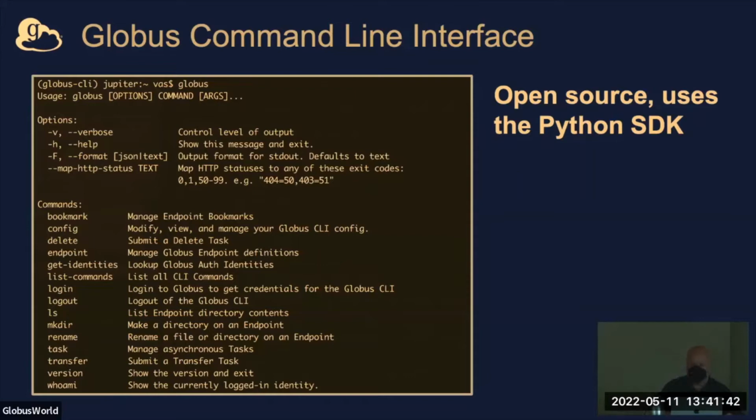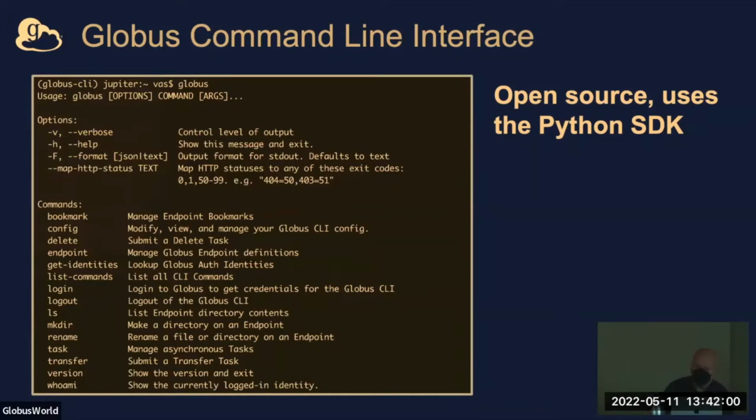So the CLI is just a set of Python tools, basically, nicely packaged, uses the same auth model, talks to the same API as the web app, and I'll show you how we access it.